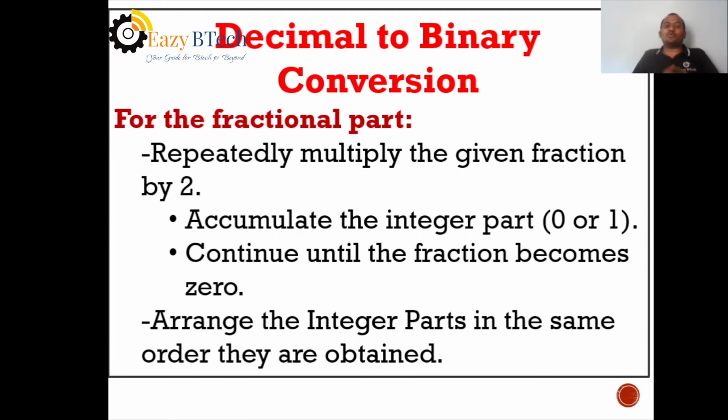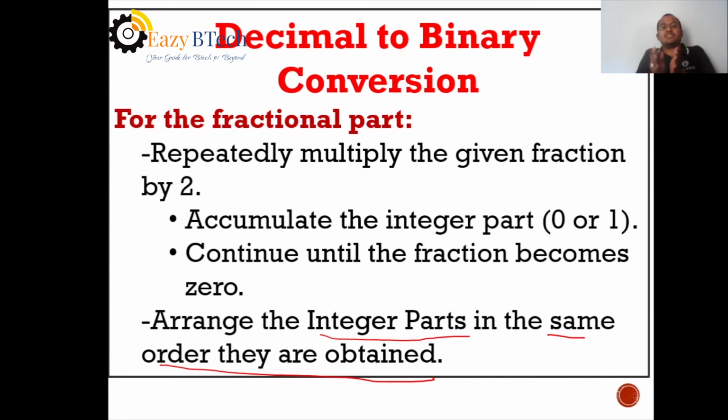We have to collect the integer part we get, and continue this process until the fractional part becomes 0. Whenever the fractional part becomes 0, we will not get any integer part, so the process stops. The important point is that the integer parts we get, we have to write in the same order they are obtained.